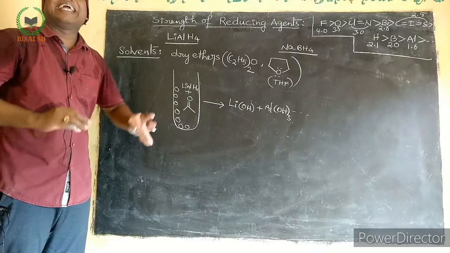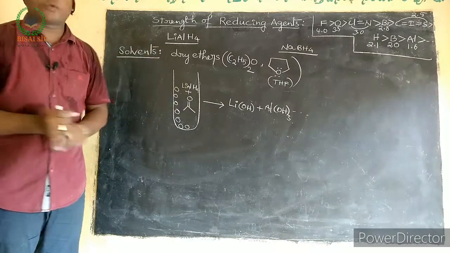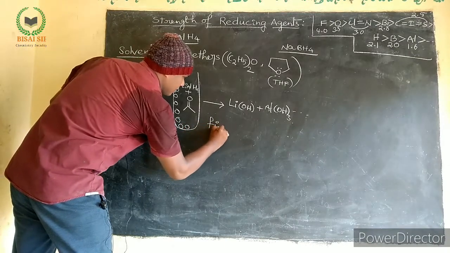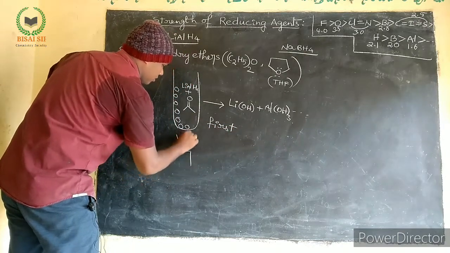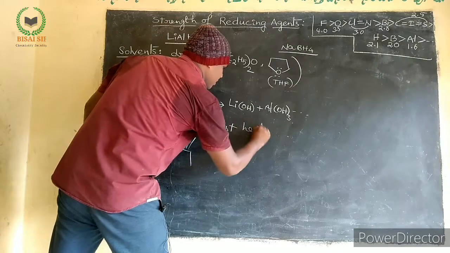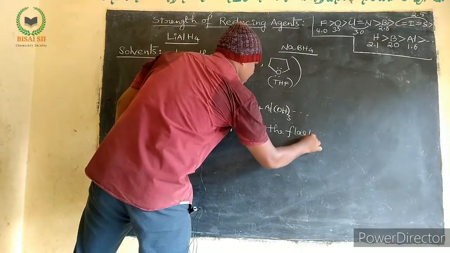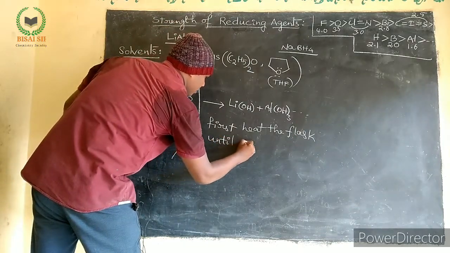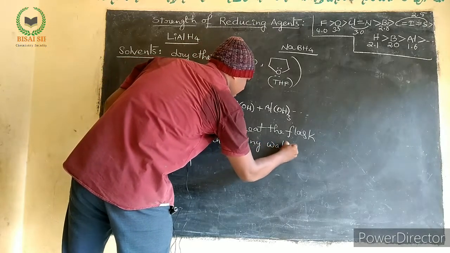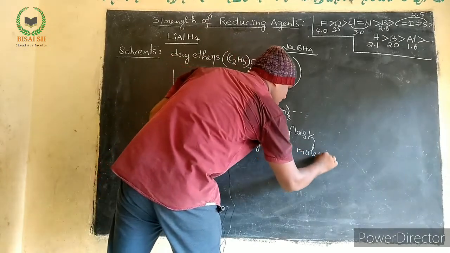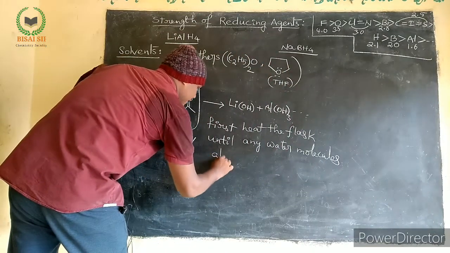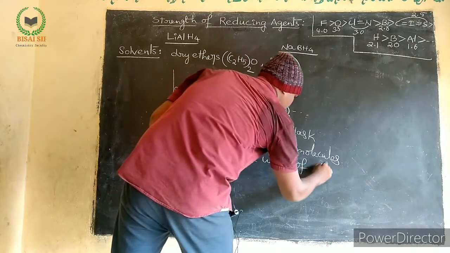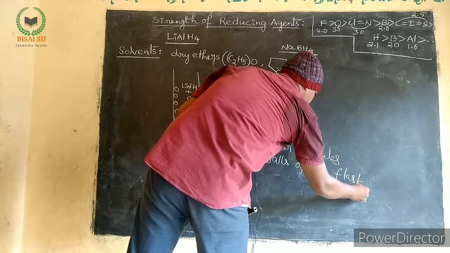So first heat the flask until any water molecules along the walls of the flask are removed, correct?